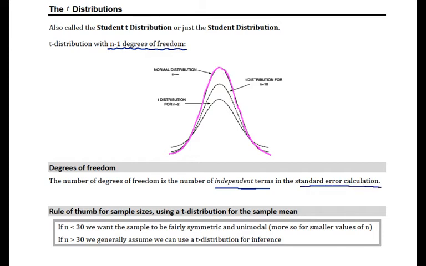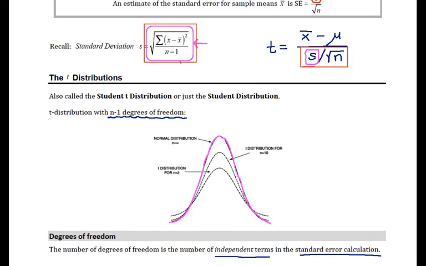Now, the reason we have n minus 1 instead of n is because each of these terms is of the form some observation x minus the mean x bar. Well, if x bar is known, then we could back calculate the very last term if we wanted to. So it ends up being really n minus 1 independent terms, even if it is n terms total.